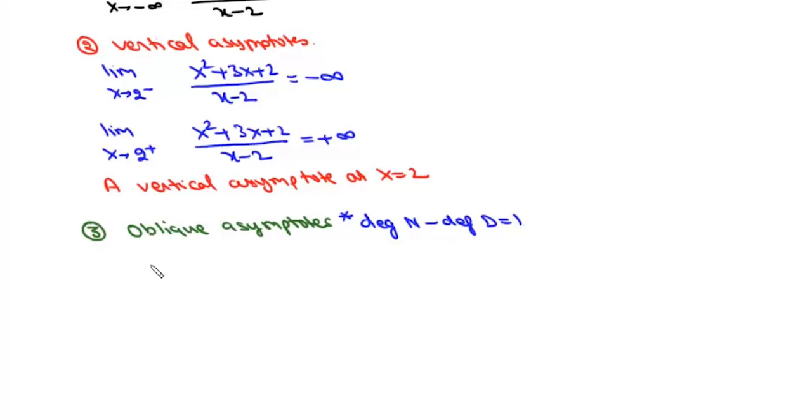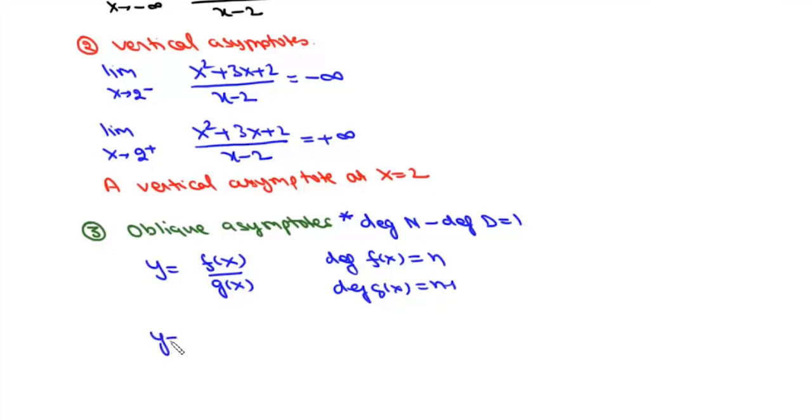So if we have any rational function which is f(x) upon g(x), and we know that degree of f(x) is suppose n, and degree of g(x) is n minus 1, we can divide f(x) with g(x) using long division or synthetic division.